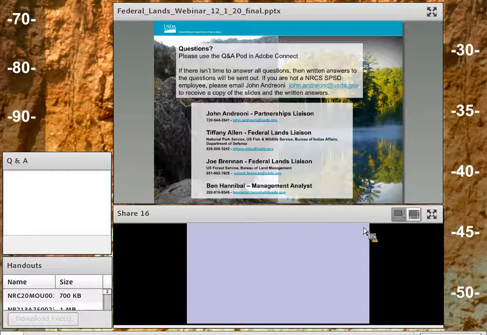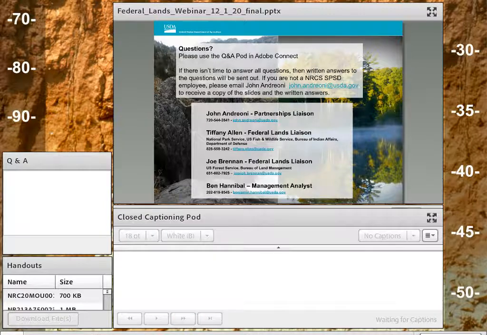That should be finalized soon or sometime in the near future. And then U.S. Fish and Wildlife Service, we're working on getting that one going. We need to get more contacts with U.S. Fish and Wildlife Service, not better contacts, but more contacts. So yes, that one's getting going. Great.